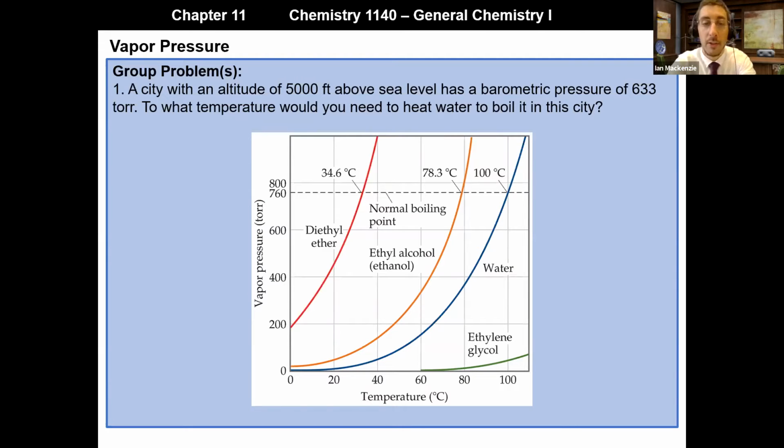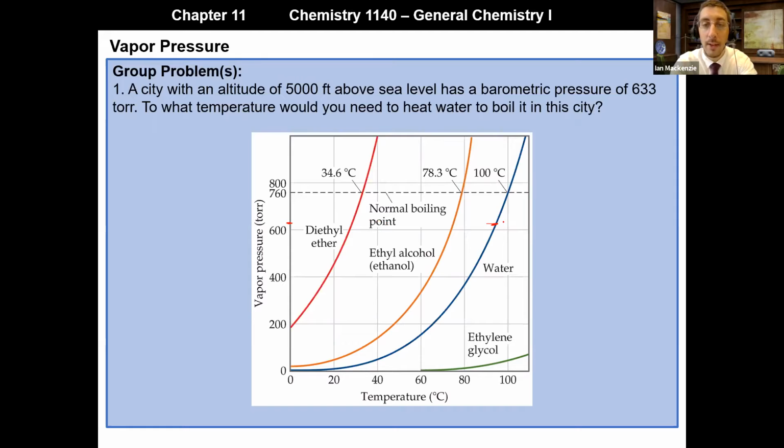And then we'll go from that point and find the corresponding temperature. So water is the blue curve, and 633 for its vapor pressure is roughly here, something along those lines. And we can carry that across and say that we hit the vapor pressure curve for water at approximately this point.